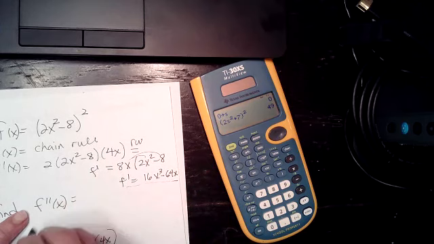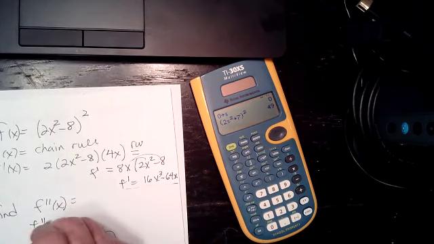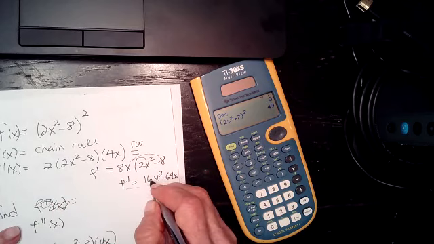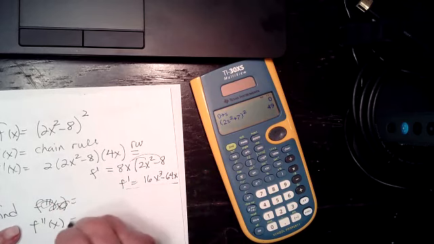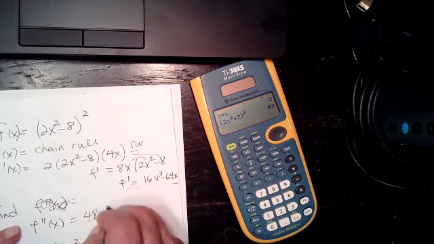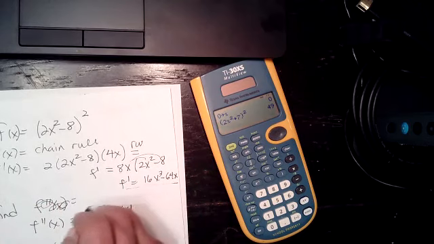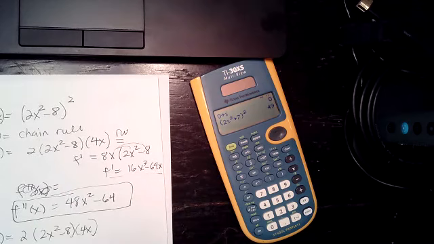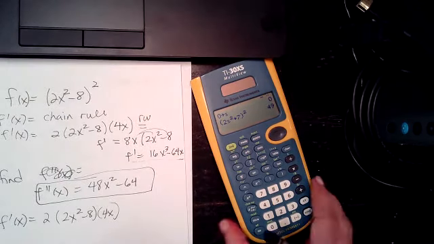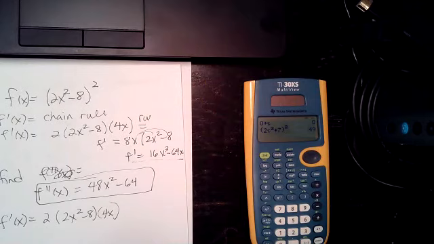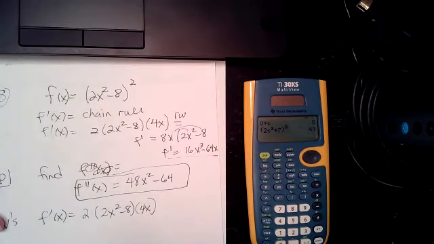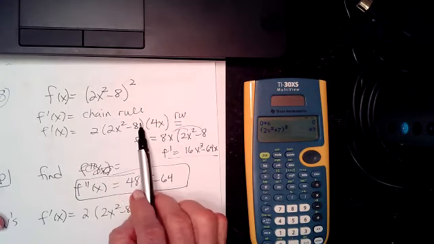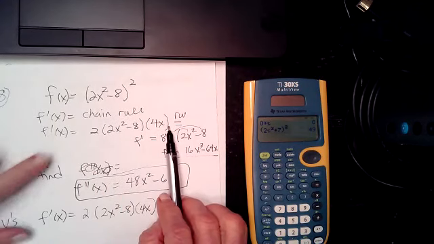So when I find the second derivative, it's 48x squared minus 64. And I won't need the second derivative again. That's just step 1, since I am not using the second derivative test. All right, so let's go through how I found the second derivative. First derivative, multiply down, times the inside, times the derivative of the inside.